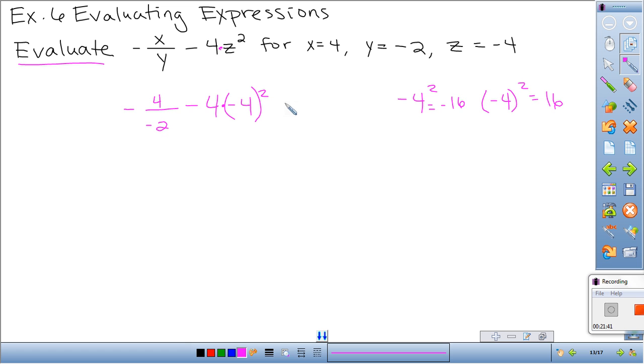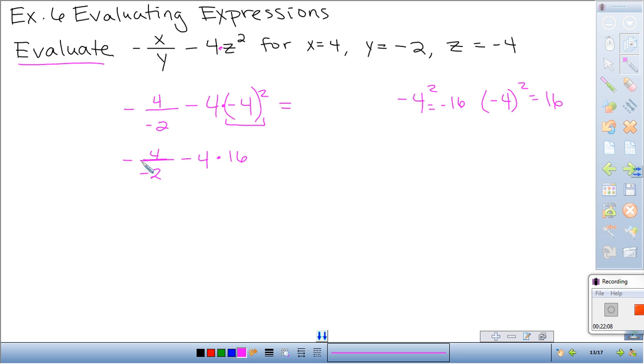Okay, so now we just want to simplify according to PEMDAS, which says exponents first. So I have the opposite of 4 divided by negative 2 minus 4 times, and negative 4 squared is 16. And again, we're just following PEMDAS, which says that after the exponents would be multiplication and division, left to right.